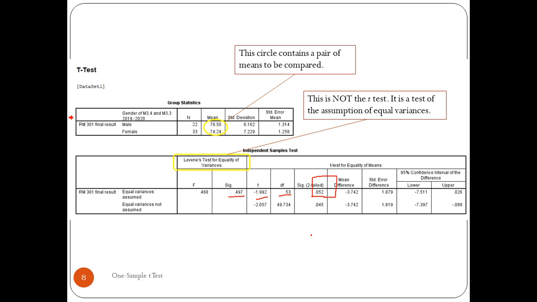Yes, the null hypothesis is that boys and girls do not score differently on the research methodology subject semester 1 result, or boys and girls do not perform differently on semester 1 for the research methodology subject.